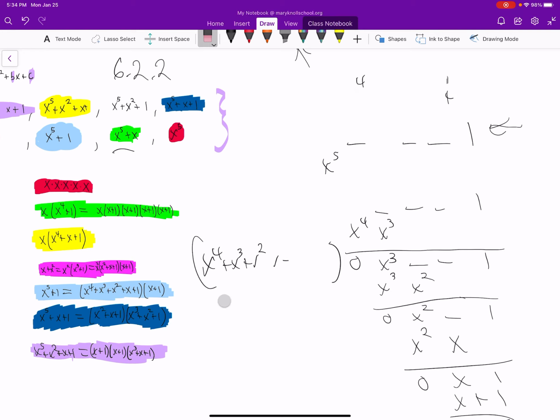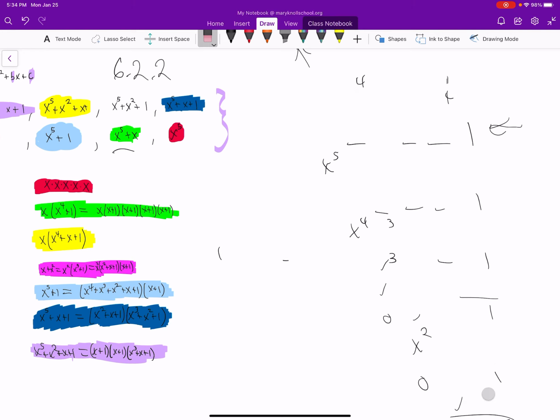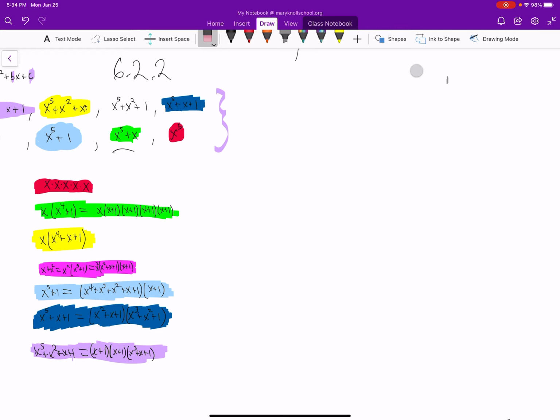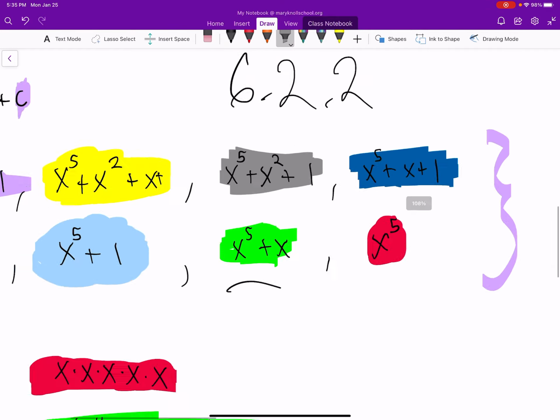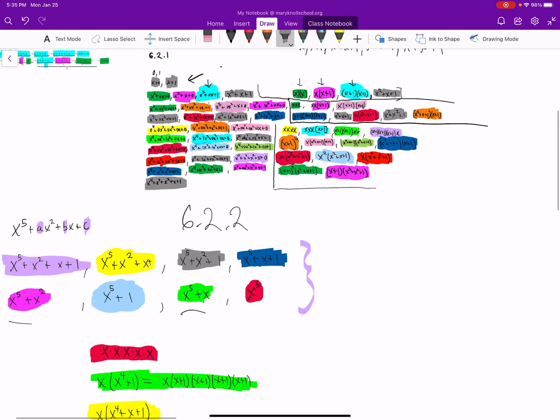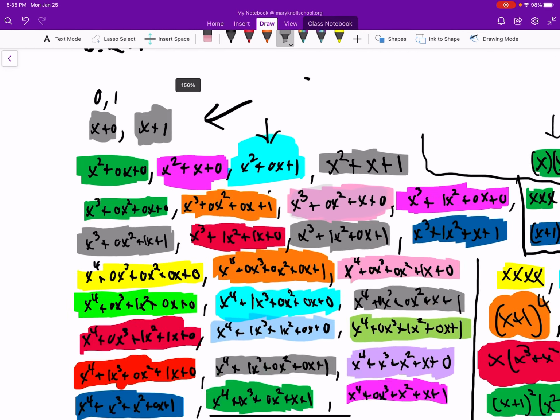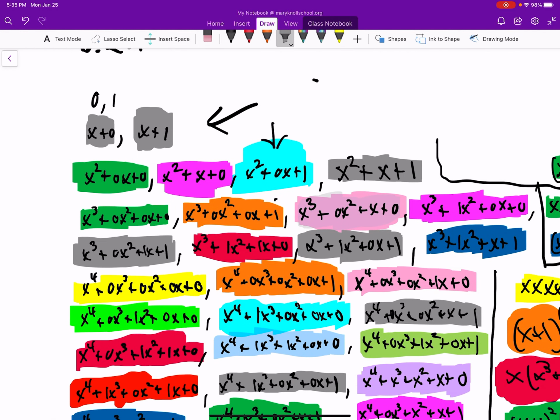So the next thing I have to talk about is this last problem that I found. And this one right here I found to be prime because I tried all of the options.